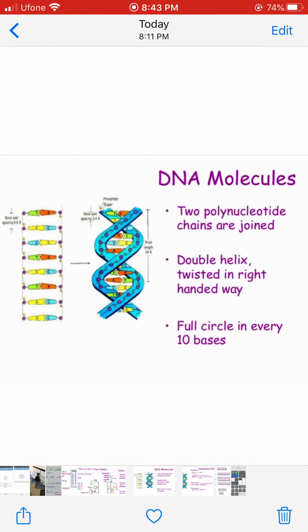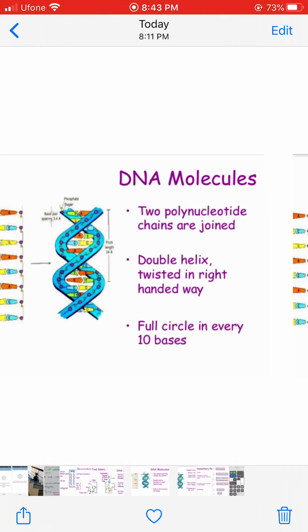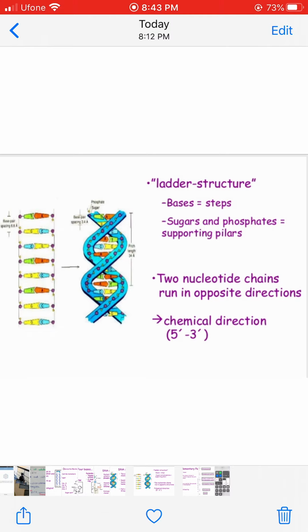So the distance between the two base pairs is different, and the bonding between the two antiparallel strands of the double helix also varies, and the bonds are called the phosphodiester bonds.